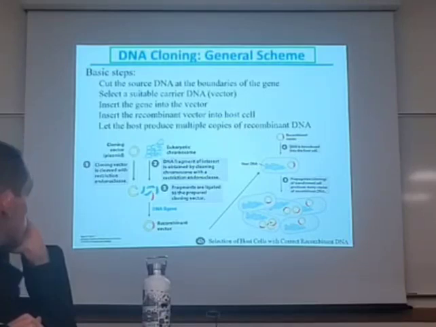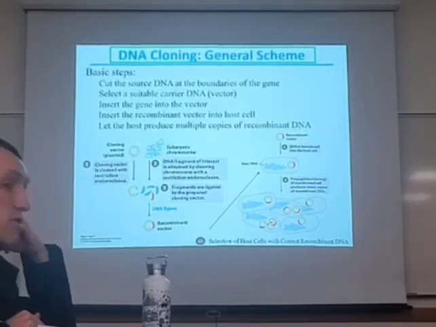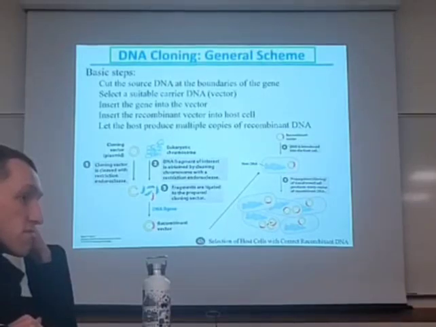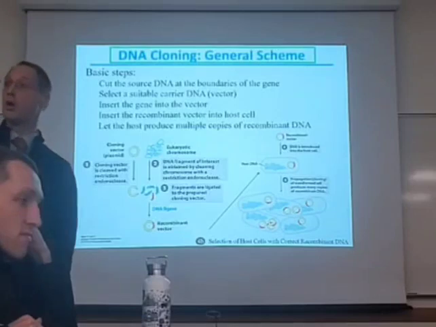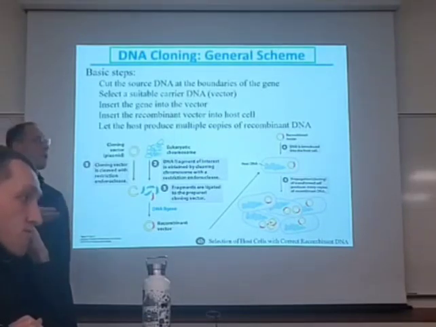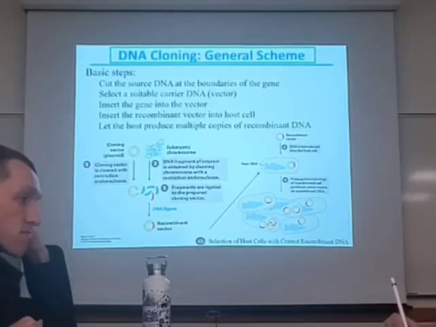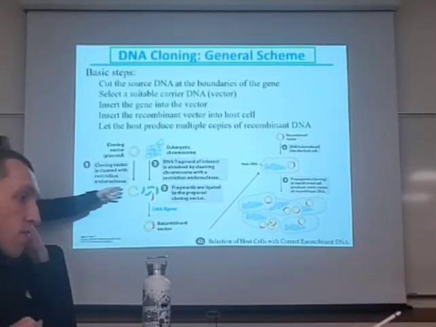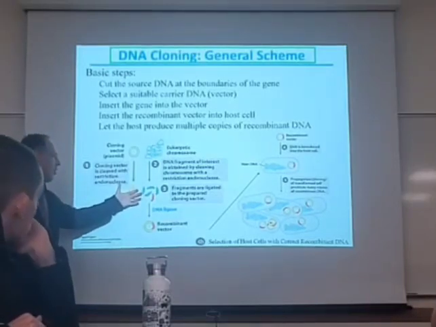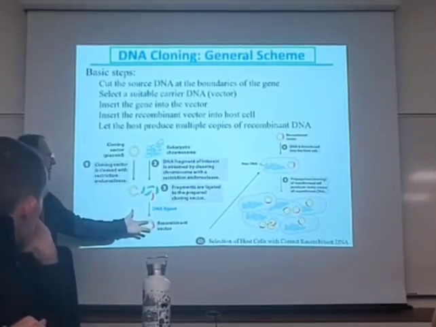So if I give a bacteria a new plasmid with an interesting vector in it, and I don't put a selective pressure on it, what will it eventually do? It'll spit it out. It won't be the predominant one, because it's extra work to produce something and keep it around if it doesn't have any value. So we put a selective pressure on to keep it. Okay, so then I cut it open, and when I cut it open, I can insert my new piece.